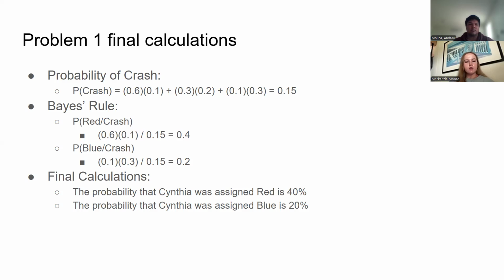And then for the probability of the blue crash, we have 0.1 times 0.3 divided by 0.15, and then we get 0.2. So that means that the probability that Cynthia was assigned a red is 40%, and then the probability that Cynthia was assigned a blue is 20% for her packages.